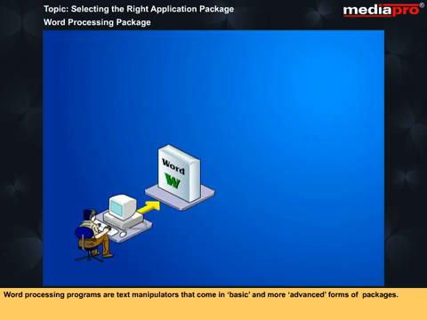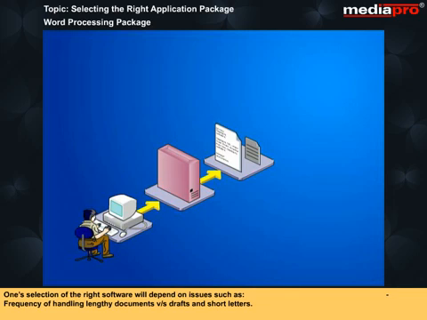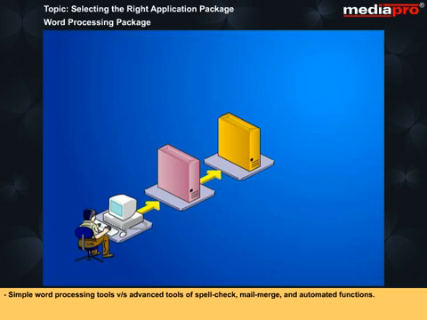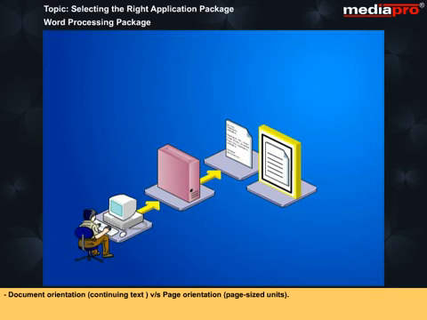Word processing programs are text manipulators that come in basic and more advanced forms of packages. One's selection of the right software will depend on issues such as frequency of handling lengthy documents versus drafts and short letters, simple formatting features versus multiple format changes, simple word processing tools versus advanced tools of spell check, mail merge, and automated functions, document orientation, continuing text versus page orientation or page-sized units.